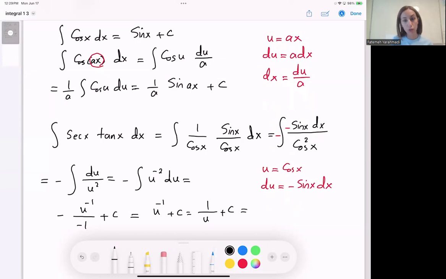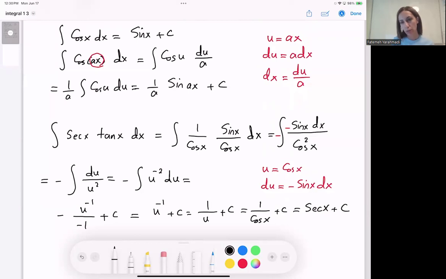But what is u? u is cosine x. This is 1 divided by cosine x plus c. But by definition, 1 divided by cosine x is secant x plus constant of integration. So substitution helps us to calculate the integral of secant x tangent x a little bit easier.